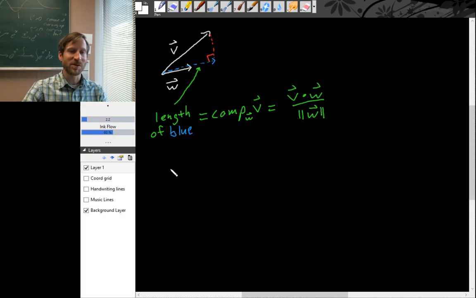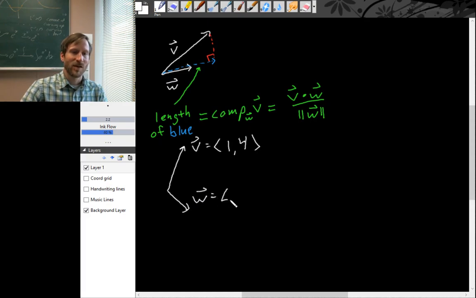Just as a quick example of this, say this formula works in 2D and 3D, but just to have an example in the plane so that it's easy to draw, maybe v is 1, 4, and w could be something like 1, -1.